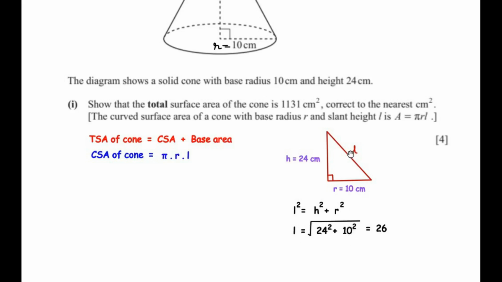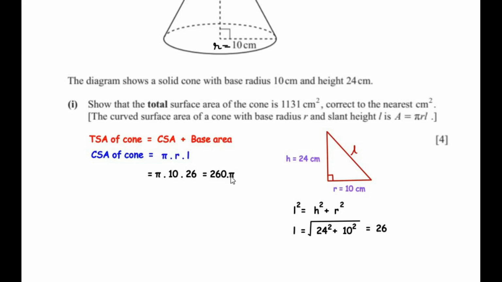So this will give us the value of the slant height as 26 centimeters. So let us plug in the value of slant height over here. So the curved surface area of the cone is equal to pi times 10 times 26. 10 times 26 gives us 260. So here we get the value as 260 pi.